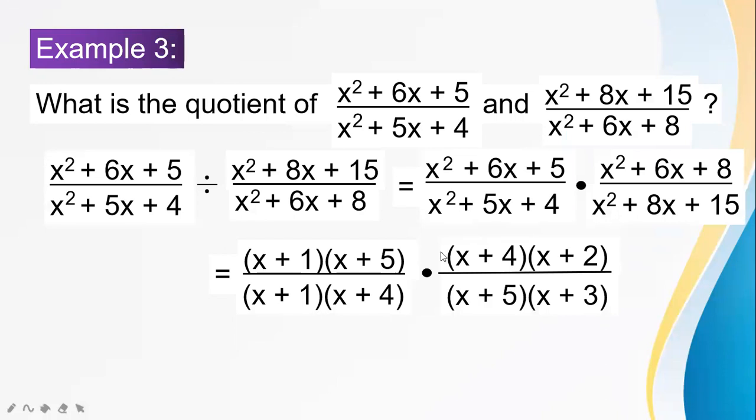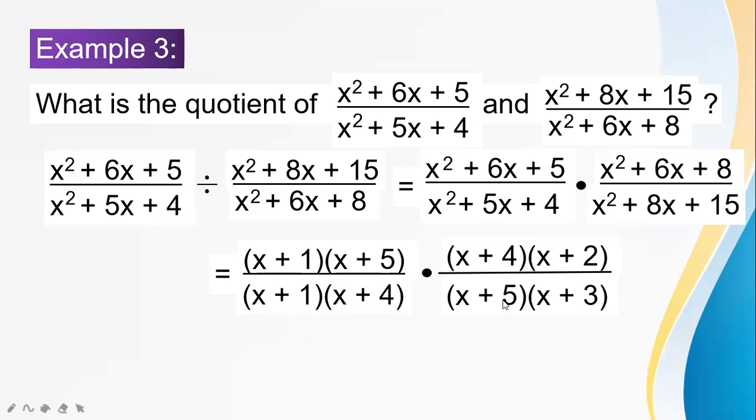Then we have x squared plus 6x plus 8. The factors are x plus 4 and x plus 2. 4 times 2 is 8, and 4 plus 2 is 6, so 4x plus 2x gives 6x.